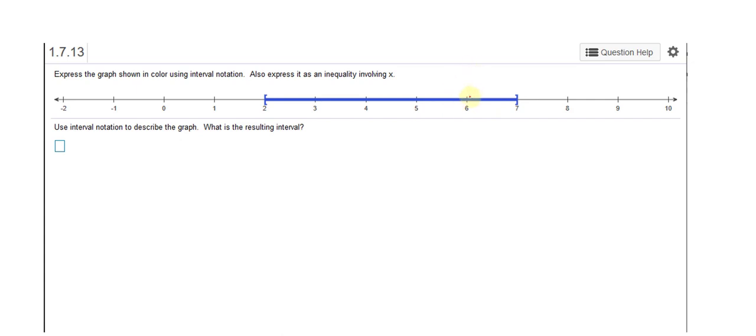That means this should involve the equal sign. So we go from 2 up to 7. So 2 is the lower bound, 7 is the upper bound. So bigger than or equal to 2, less than or equal to 7 because of the bracket. And that should be x between these two.